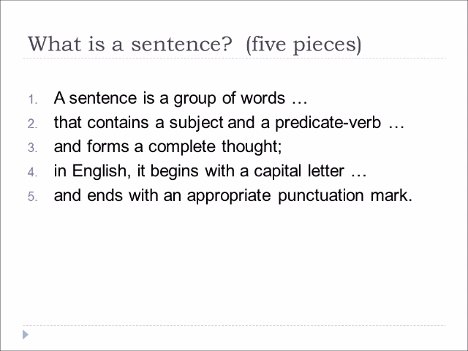What we will talk about in this class is that for academic writing, we want to avoid exclamation marks. And so for our purposes here, ending with an appropriate punctuation mark means a period or a question mark. So 5 pieces, 5 things that have to be there for a sentence to be a sentence.